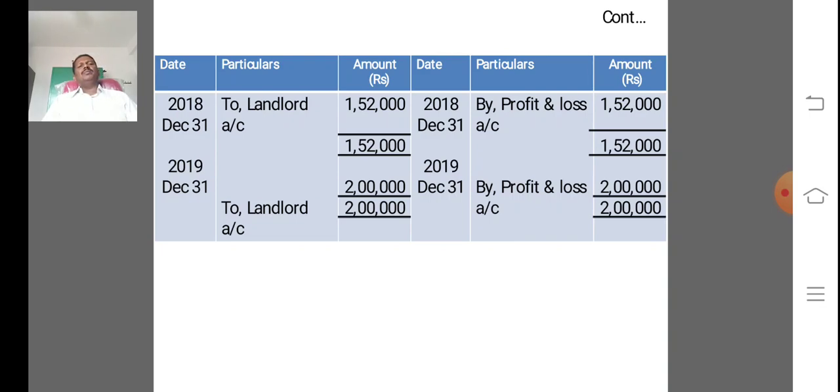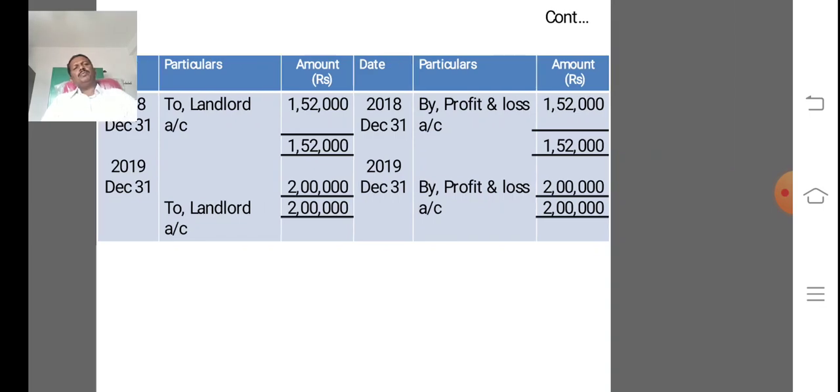And finally 2019, to landlord account 2 lakh, by profit and loss account 2 lakh. So this is how we prepare the royalty account without minimum rent account.